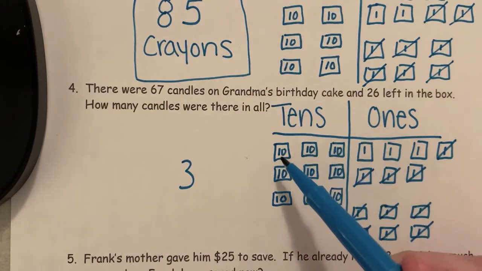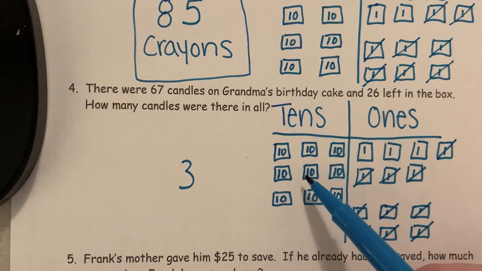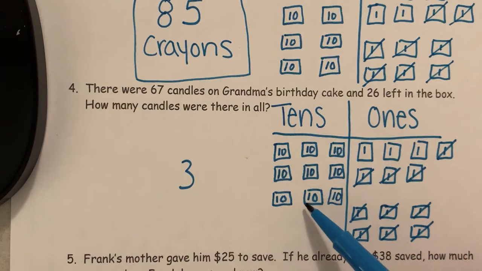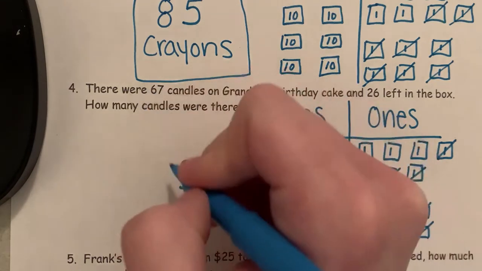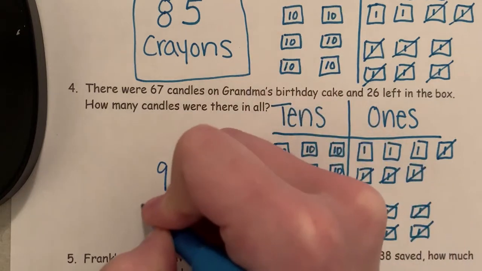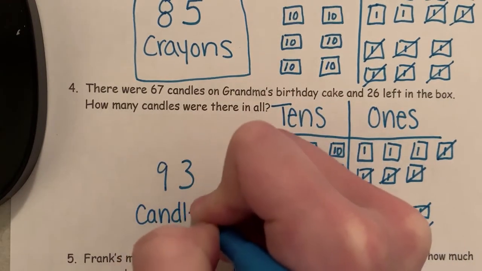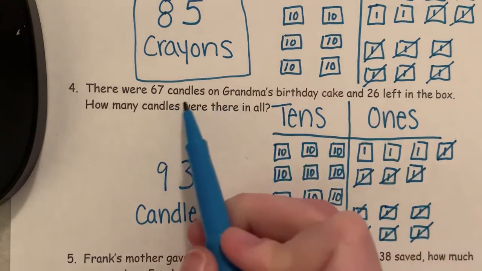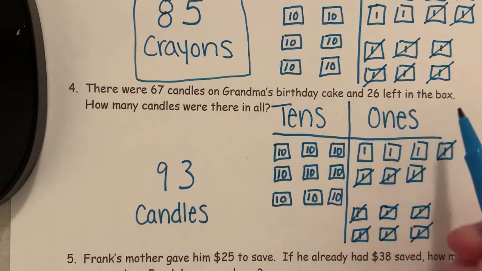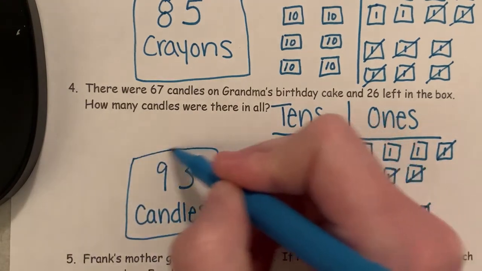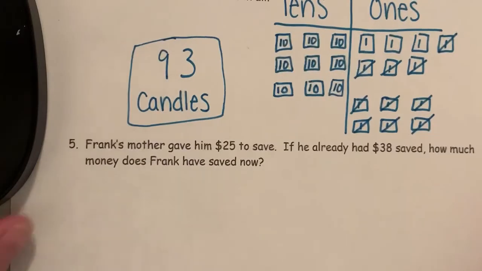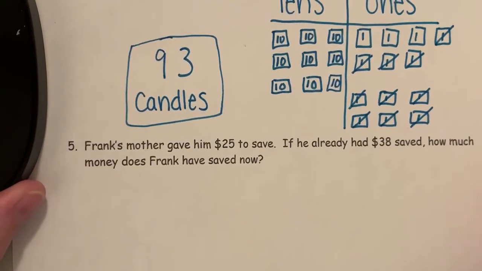And we are going to have 10, 20, 30, 40, 50, 60, 70, 80, 90. So we're going to have 93 candles total that were on the birthday cake and that were left in the box.